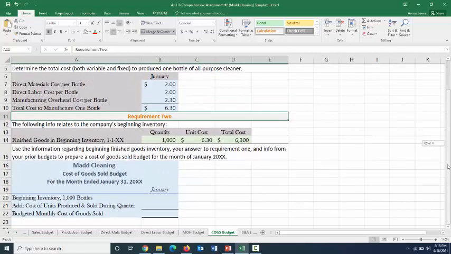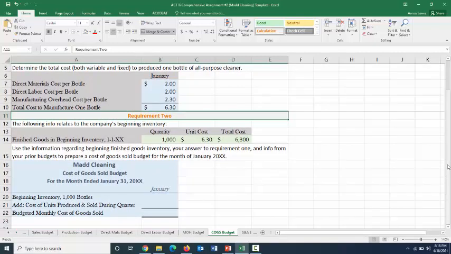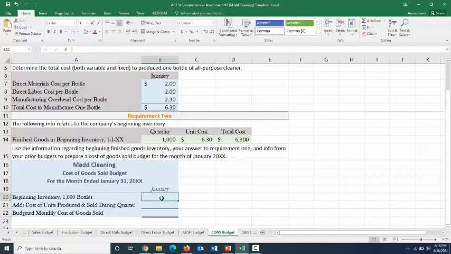So for our cost of goods sold budget for the period, we need to figure out what amount of costs we're going to be able to expense as cost of goods sold from units sold from beginning inventory, and what amount of cost of goods sold we are going to be able to expense for units which we both produced and sold during the period. Let's start with our beginning inventory. We're starting with 1,000 units in beginning inventory, and each one of those costs us $6.30 to produce.